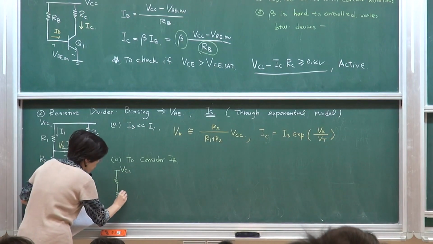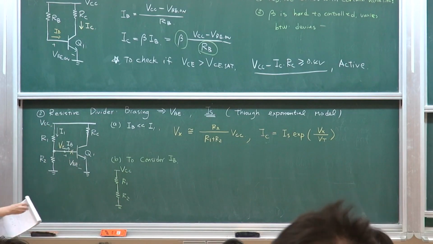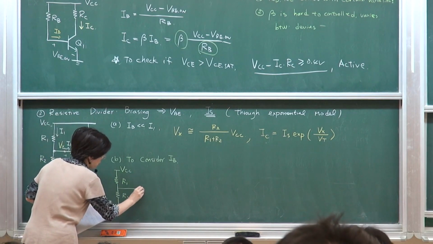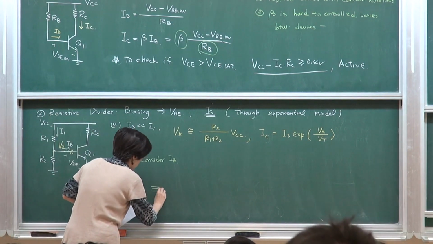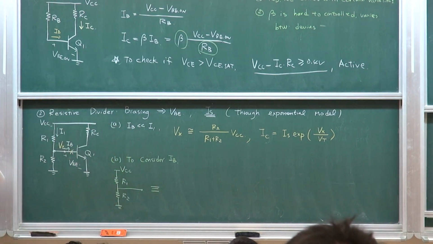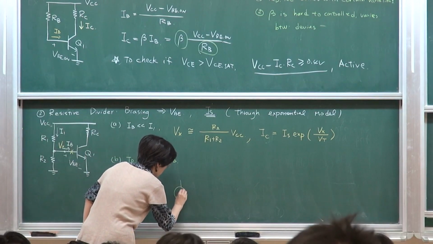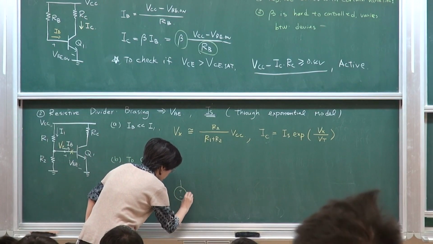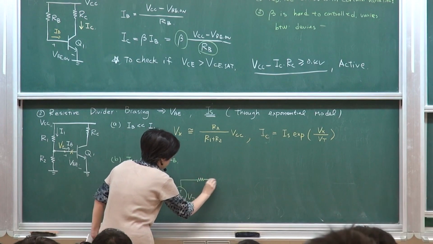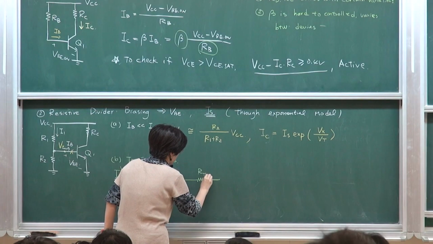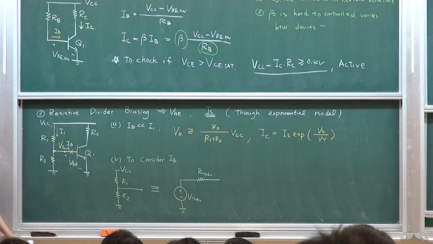So this is R2, R1. You can make an equivalent circuit out of this. This will be VT, and then RT. So you can find out what your VT is.